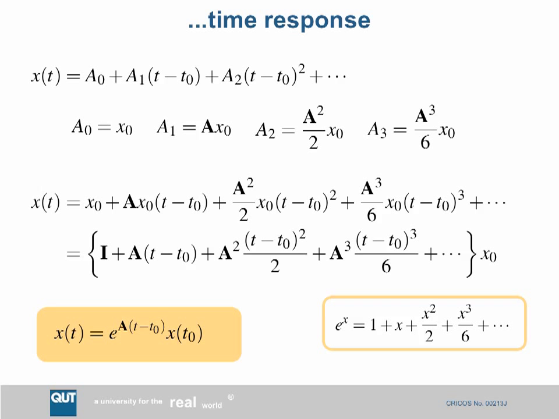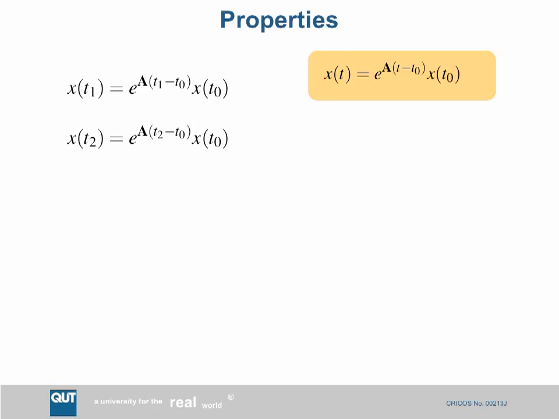So there are some properties of this matrix exponential. So I can work out the state at time 1. I can work out the state at time 2. And just using this general property of exponentials, that if I multiply two exponentials together, the result is an exponential with the sum of the exponents.